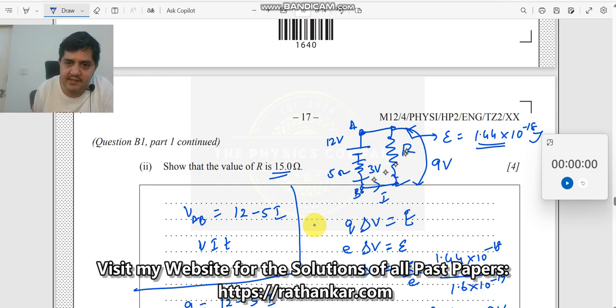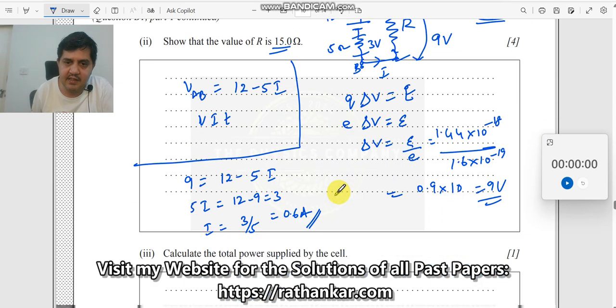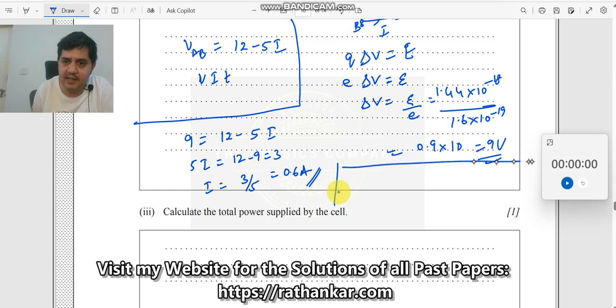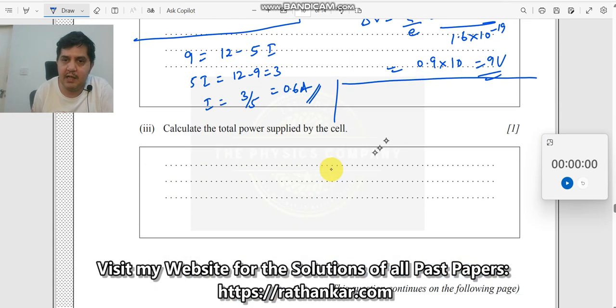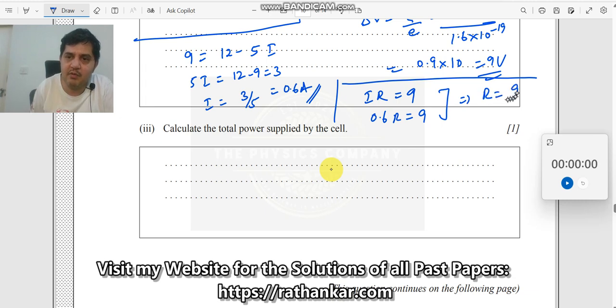The potential difference across this resistance is nothing but I into R. R should be equal to 9 volt, which you already know. 0.6 times R equal to 9, which means R equals 9 by 0.6. When you calculate this, you get the answer as 15 ohms, right?